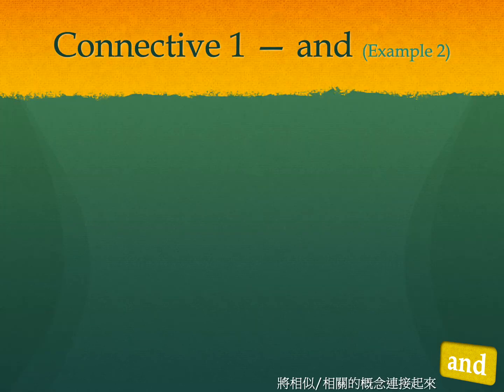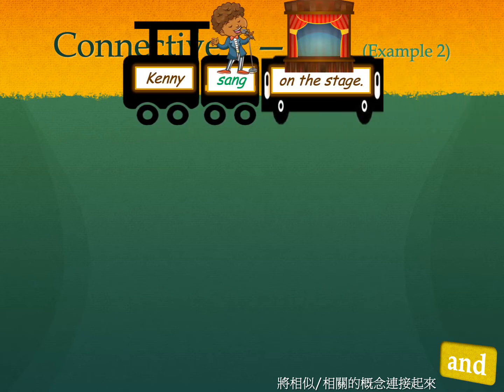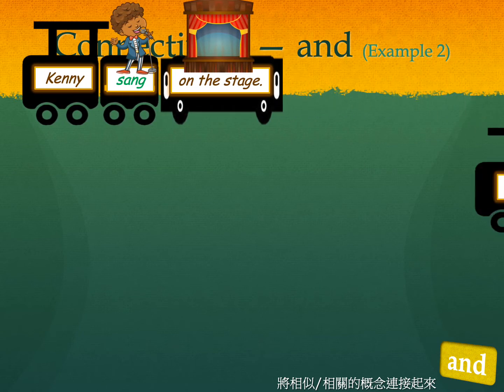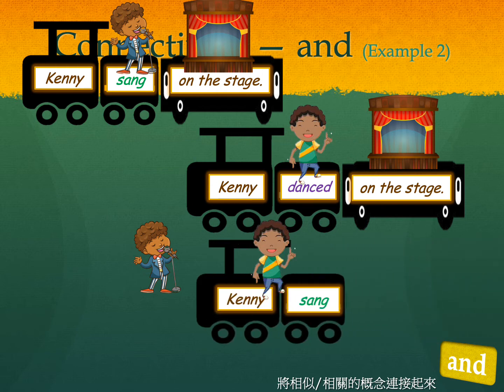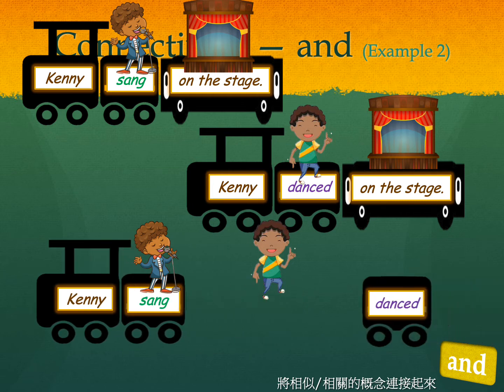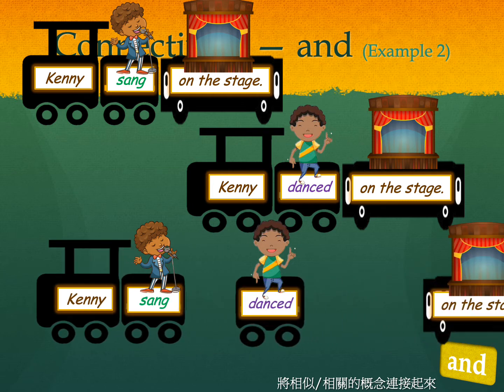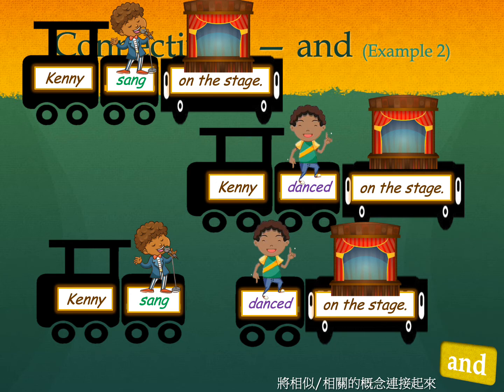Example 2. Kenny sang on the stage. Kenny danced on the stage. Singing and dancing are similar ideas, so we can use and to join them together. Kenny sang, danced, on the stage. You don't have to write on the stage two times.